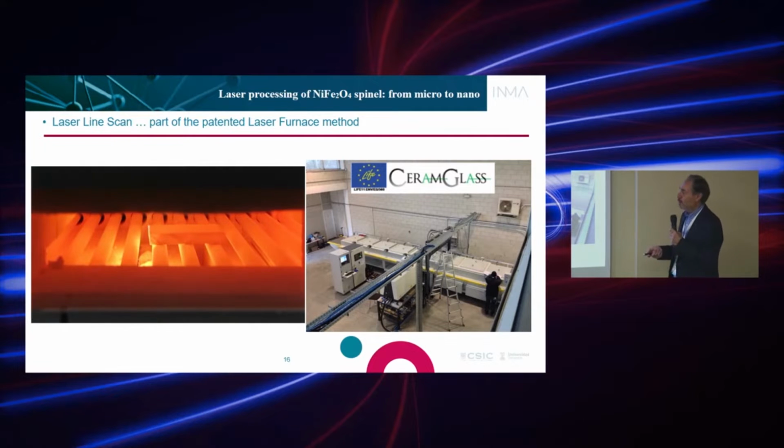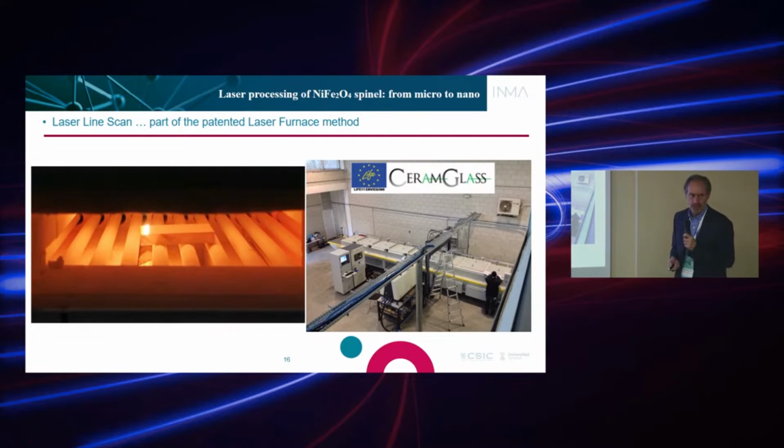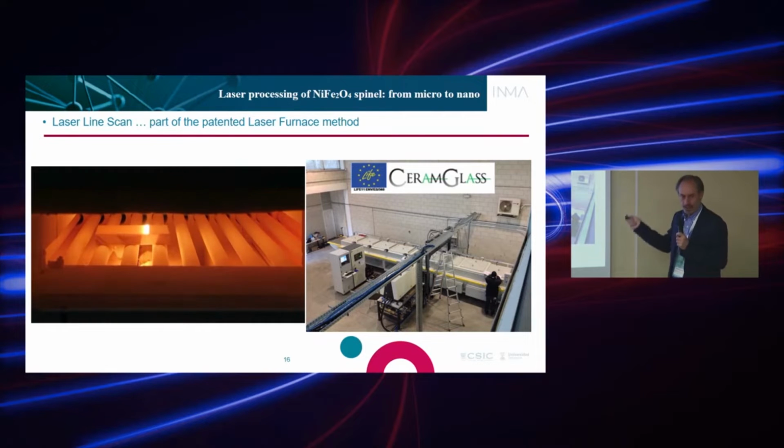And this goes up to 1900 degrees measured, and where the laser melt is taking place there. And you can see you have a stable line. It goes through the material, and the material does not break, does not shatter, which is typically what would happen, and you have seen in the videos before.